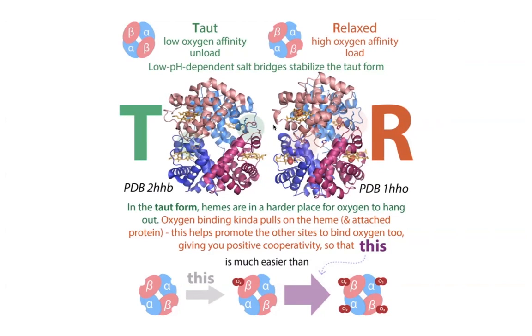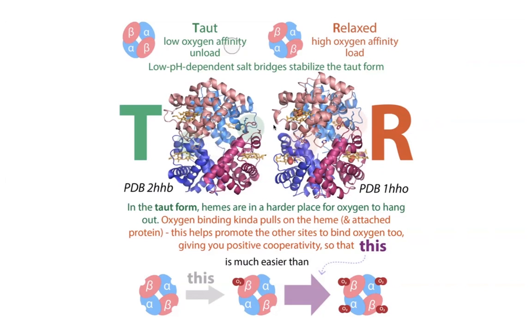It's somewhat confusing looking because you kind of have it more condensed looking in the relaxed form than in the taut form. But the taut form is called taut because it's going to involve more of these salt bridges between the different subunits. But it will have a bigger hole in the central cavity.